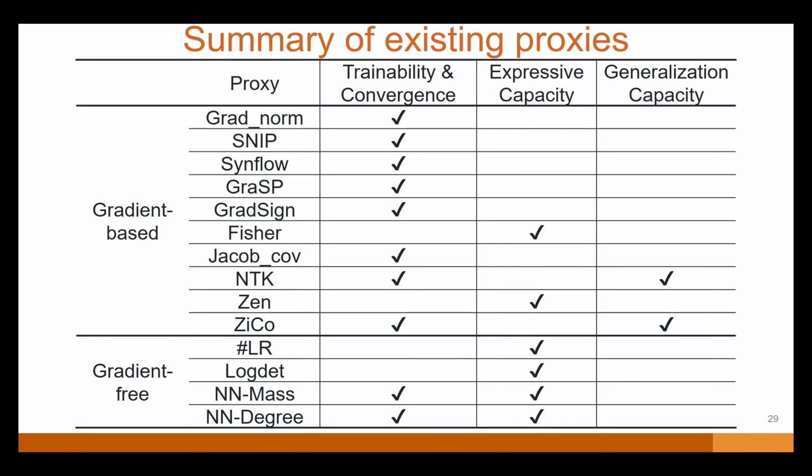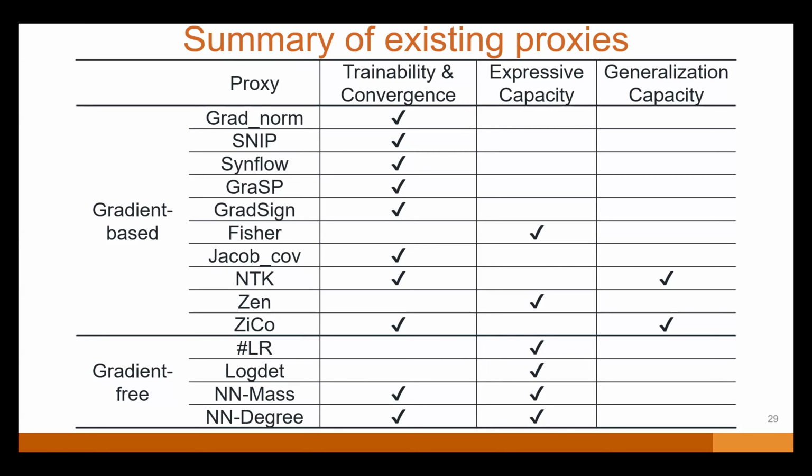Last but not least, if you look at this class, gradient-free, the vast majority focus on expressivity. None of them focus on generalization capability. And there is not a single approach that covers all three of them. So this shows you, in principle, fundamental limitations of all the proxies that have been published to date in dealing with any general case.